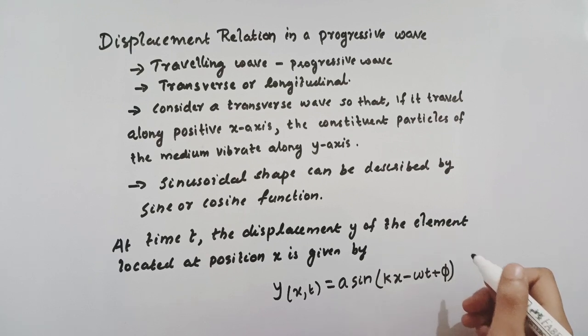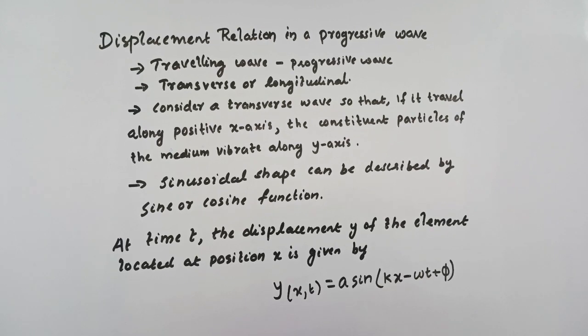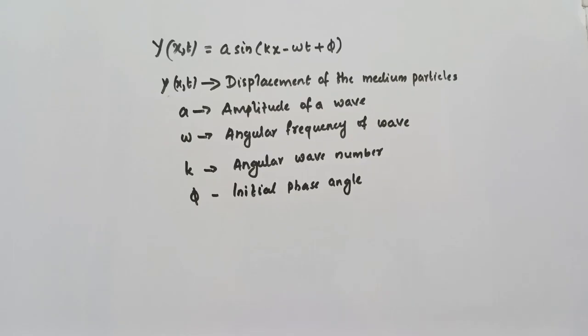This is the displacement y of an element located at position x and at time t. From this equation, y(x,t) is the displacement of medium particles, a is the amplitude of the wave, ω is the angular frequency of the wave, k is the angular wave number and φ is the initial phase angle.